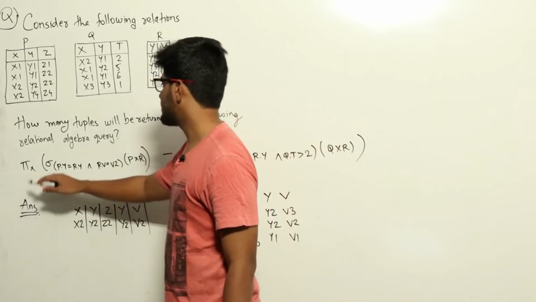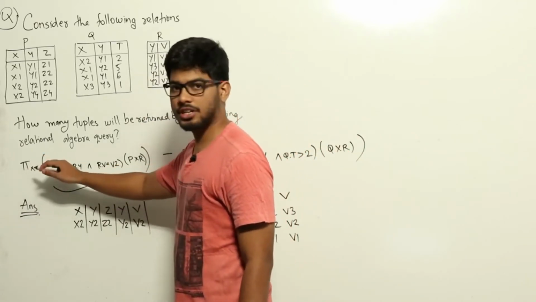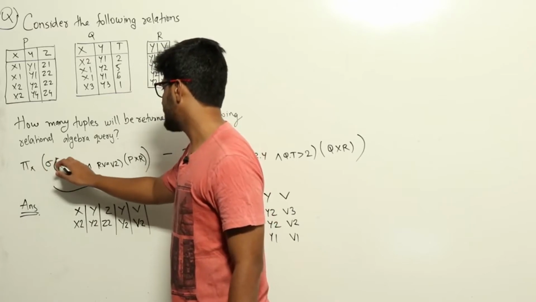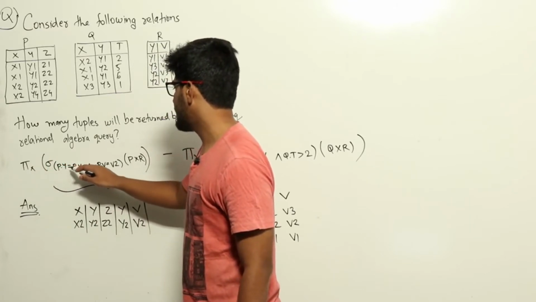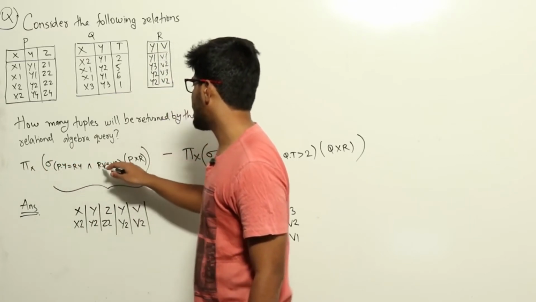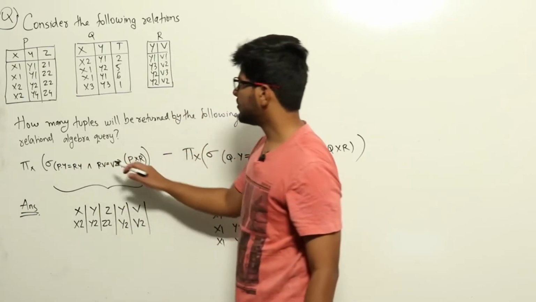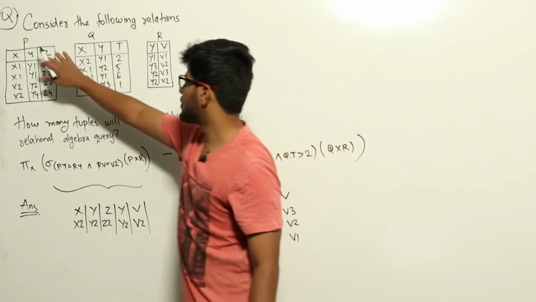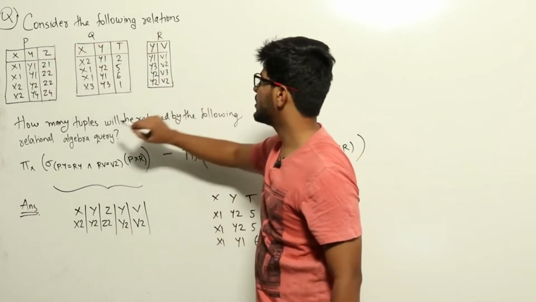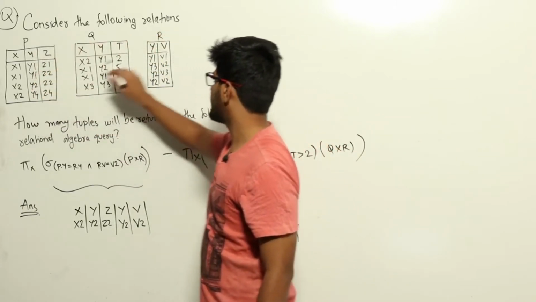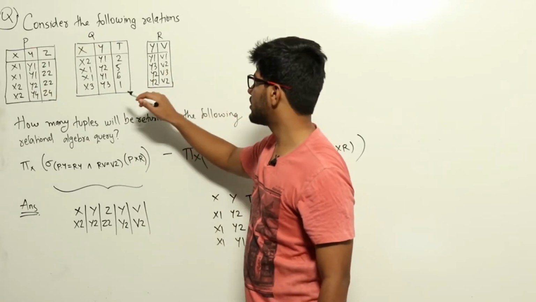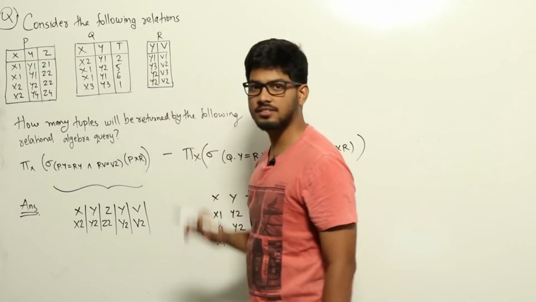So the first part is pi of x, that's a projection, with selection sigma p.y equal to r.y and r.v equal to v2 on p cross r. So here we are doing cross product of this table with this table. There are 4 tuples here and there are 4 tuples here. So total number of tuples in p cross r will be 16.